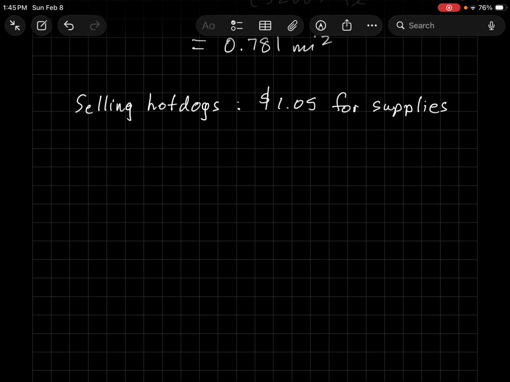And we have a goal. Our goal is that we want to make $81 per hour on average selling hot dogs. So the question is, what do we need to sell a hot dog for on average?